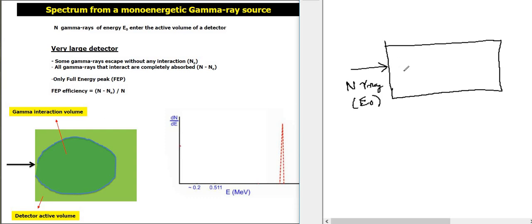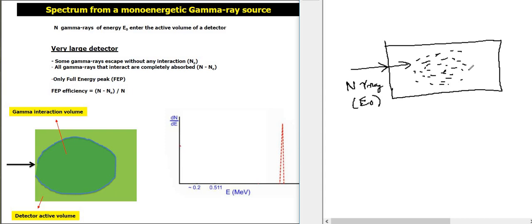Active volume. Now, if the detector is very large, some gamma rays escape without any interaction, and this can happen for smaller detectors. But here, all of them will interact with the detector, and all the particle effects after that, Compton scattering, pair production, will happen inside the detector, right?